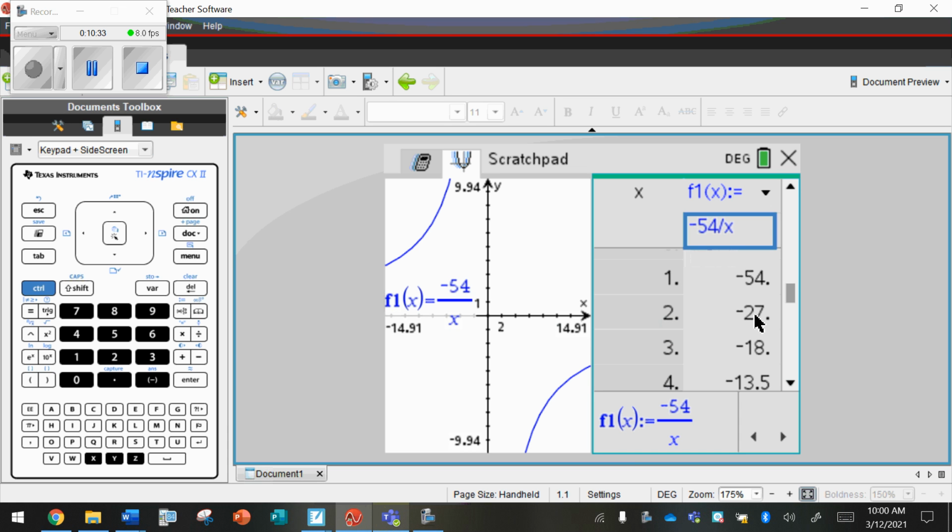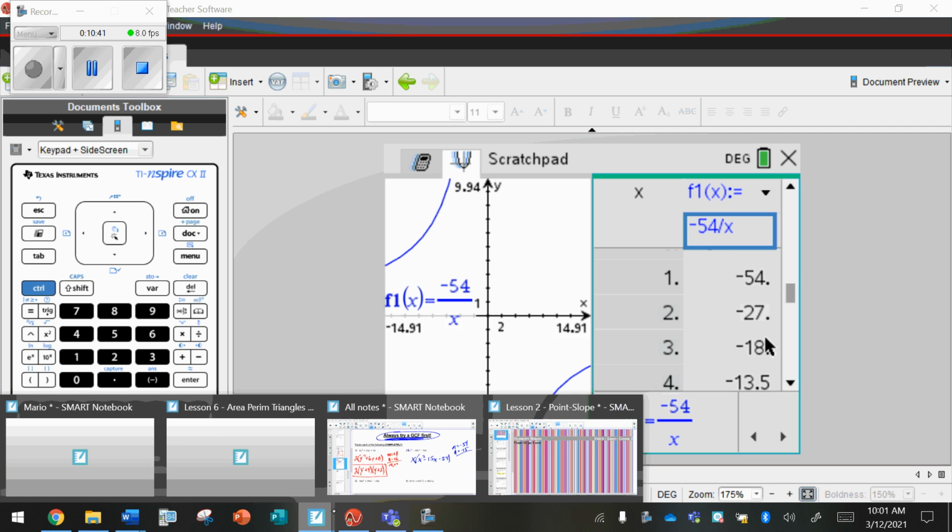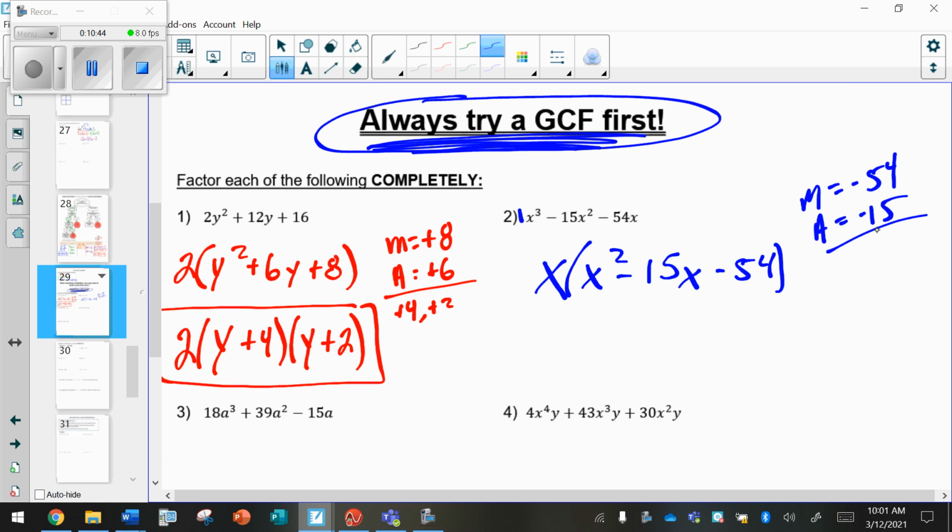These would add up to be negative 25. These would add up to be negative 15. Wait a minute, I think that's what we need. Yeah, negative 15. So it was a positive 3 and a negative 18. So x plus 3, x minus 18.